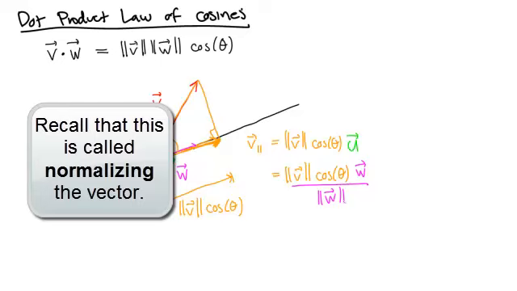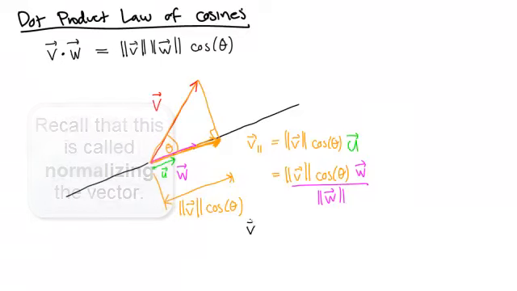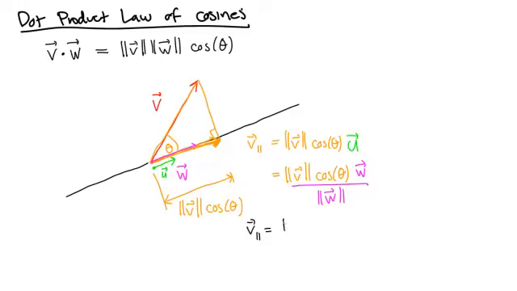And so this gives me the following formula. The parallel component of a vector is the length of the vector v times the cosine of the angle between the vectors divided by the length of that vector times w. Alright, I said there was an easy formula. This by no means looks easy, but here's the clever bit. Let's multiply the top and bottom by the length of w. We're just multiplying the entire expression by 1, so we haven't changed anything.